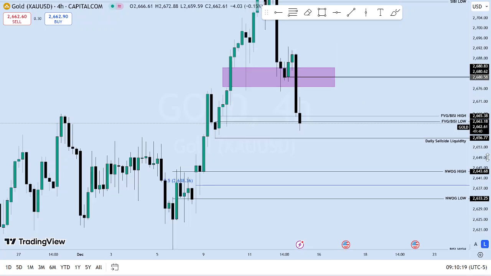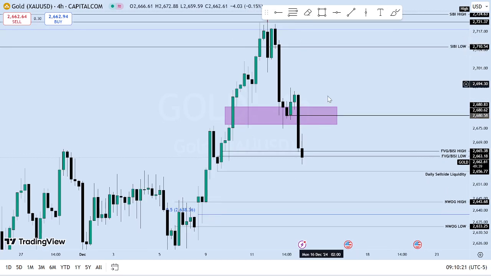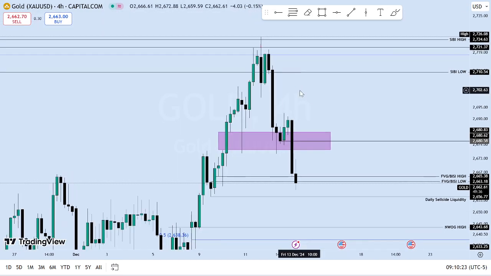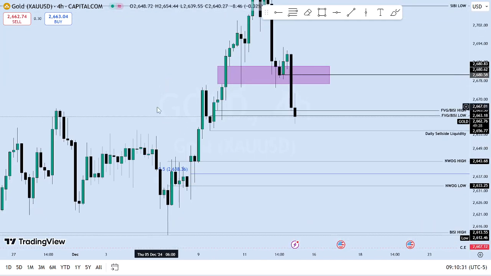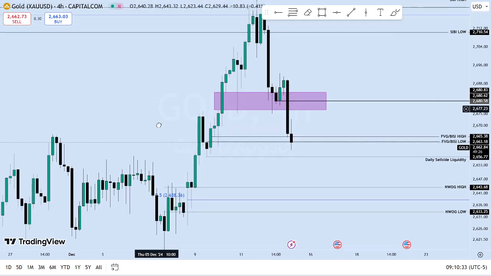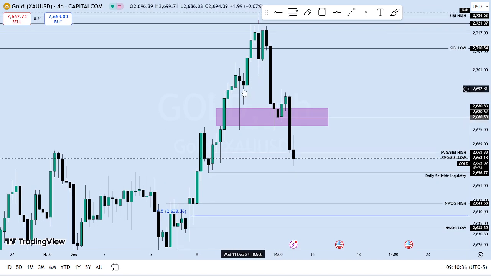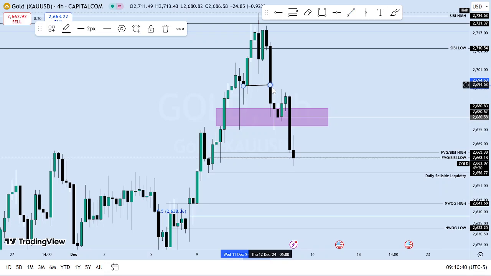Since in the daily we are selling, price is selling, and we have delivered into an inefficiency and took out a buy side liquidity on the daily time frame. There is also a break of structure, a displacement delivering inside the half of it.